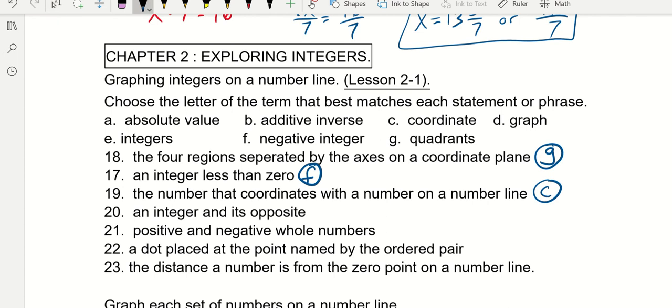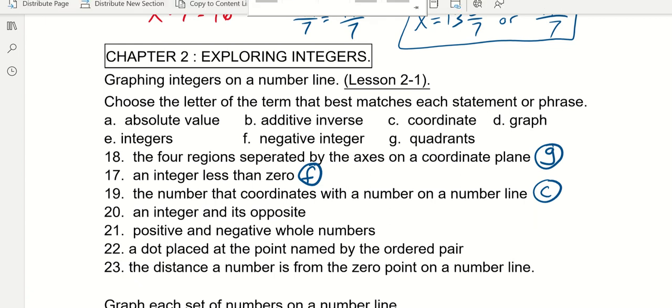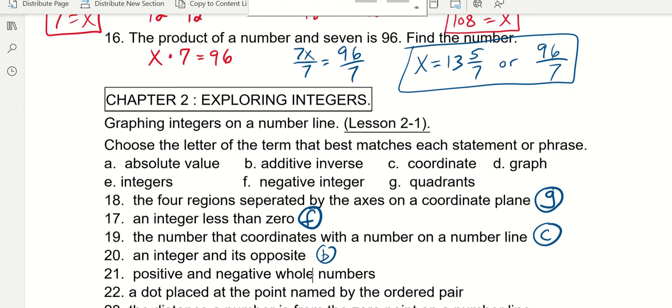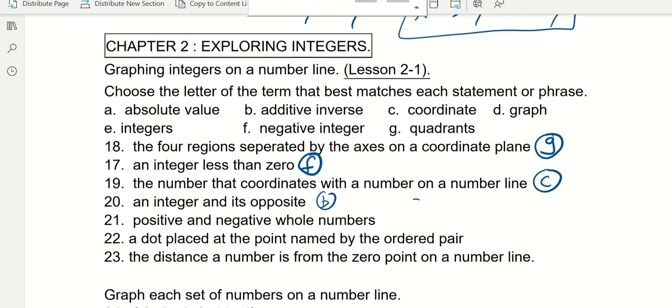20, an integer and its opposite. Well, it's going to be additive inverse, B. So if I gave you the number negative 4, and I said, what is the additive inverse of negative 4?